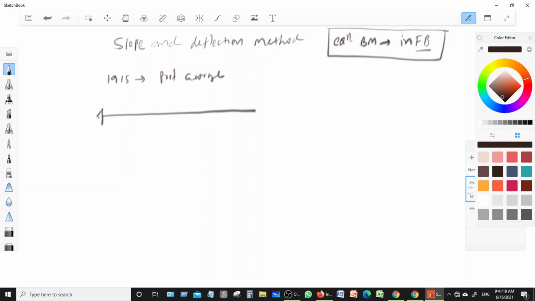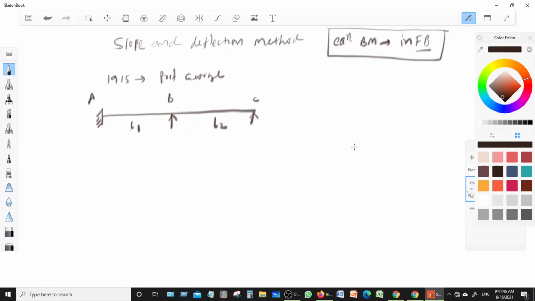Here we have the fixed support, here we have a simple support, and this is also a simple support. So we have the beam A, B and C. This is a continuous beam, L1 here and L2 here. So ABC is a continuous beam, and we want to find the moment in the particular beam.